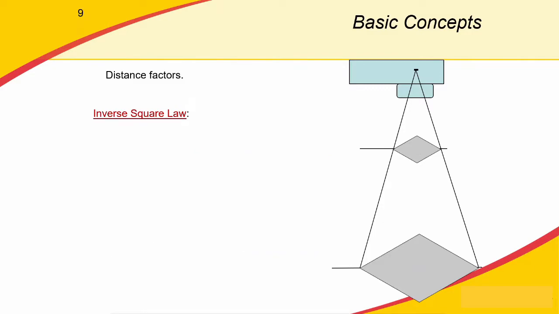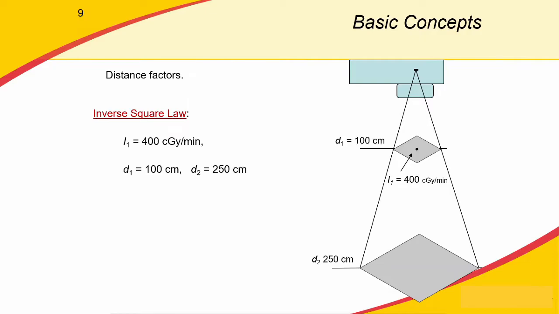So, let's look at an example. If we know that our beam intensity at point 1 is 400 centigrade per minute, then our distance at D1 is 100 centimeters. What would the intensity of the beam be at a distance of 250 centimeters from the source?